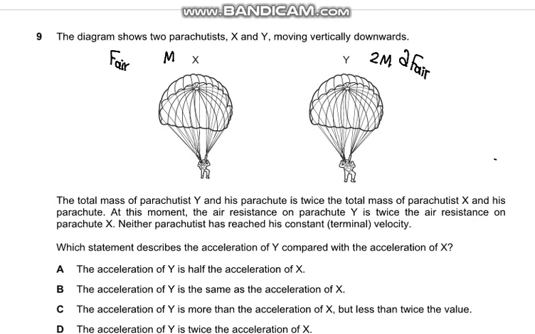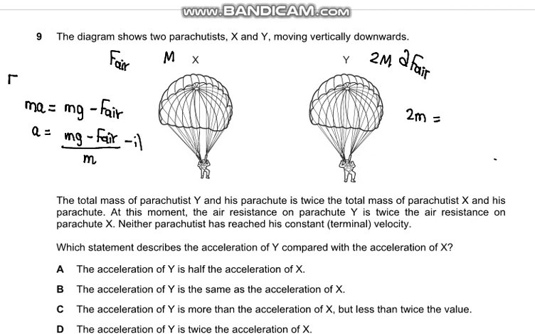For X, F equals ma. Net force, ma, which is mass times acceleration, equals the weight, mg in this case, minus f air. So the acceleration would become mg minus f air, over m. This is our equation number 1. For Y, F equals ma, where the mass is 2m.